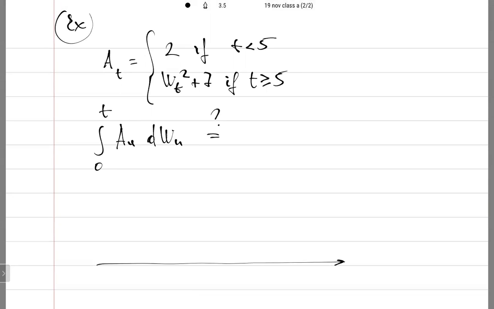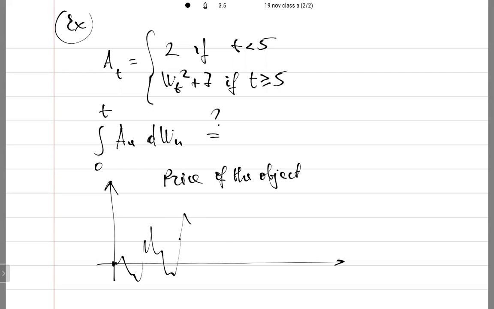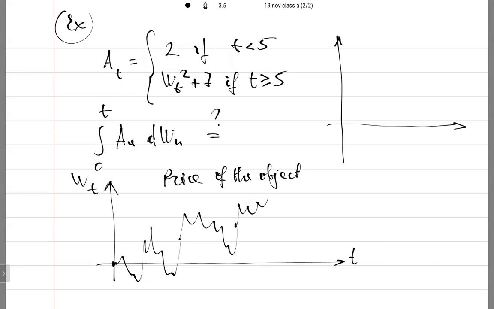So first I would draw this: the price of the object is represented by Wt. For us it's a little bit abstract, negative price; okay, just work as with positive. And the quantity, the number of objects we have: this is t, this is At, it is 2.